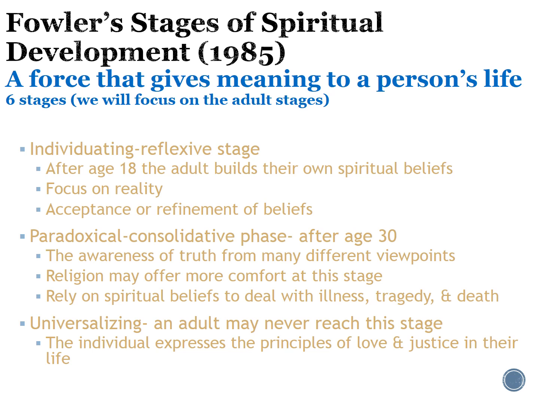The middle-aged adult will move on often to the paradoxical consolidative phase, where they're aware of many different viewpoints and truths, so their acceptance of other people's viewpoints, including their own. And they may also see religion as very much a comfort when illness, tragedy, or death occurs in their life. At the highest stage, which people may never reach, the individual is able to express principles of love and justice in their life.